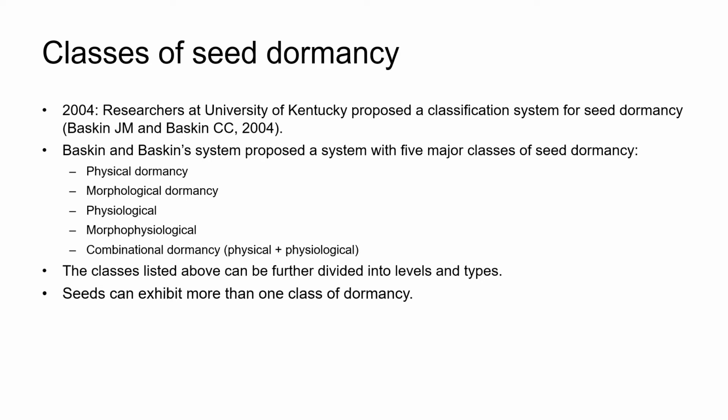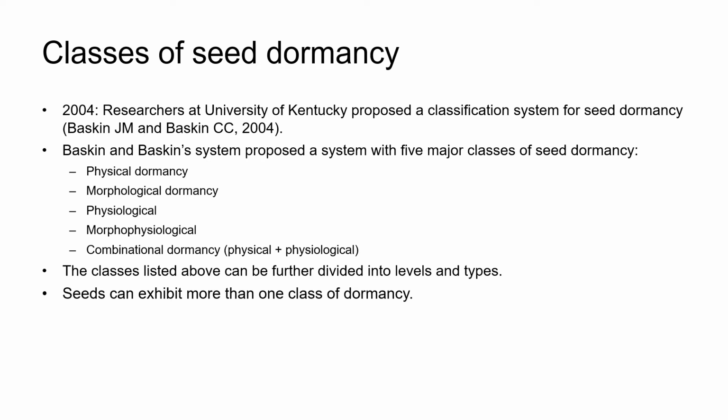by plant scientists. The Baskins proposed a system with 5 major classes of seed dormancy: physical, morphological, physiological, morphophysiological, and combinational dormancy. And within each of these classes, they proposed further subdivisions of levels and types.